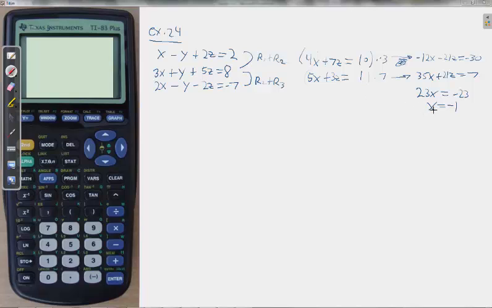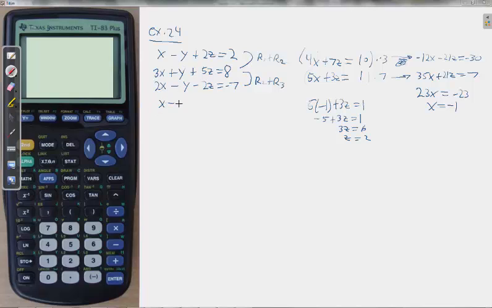Okay, once you found one, then you want to work backwards. So I found x equal negative 1, so I substitute into one of my equations in two variables. Doesn't matter which one. So 5 times negative 1 plus 3z equals 1. So negative 5 plus 3z equals 1. So 3z equals 6. Z equals 2. Then you take both of those and substitute back into one of your 3 variable equations.